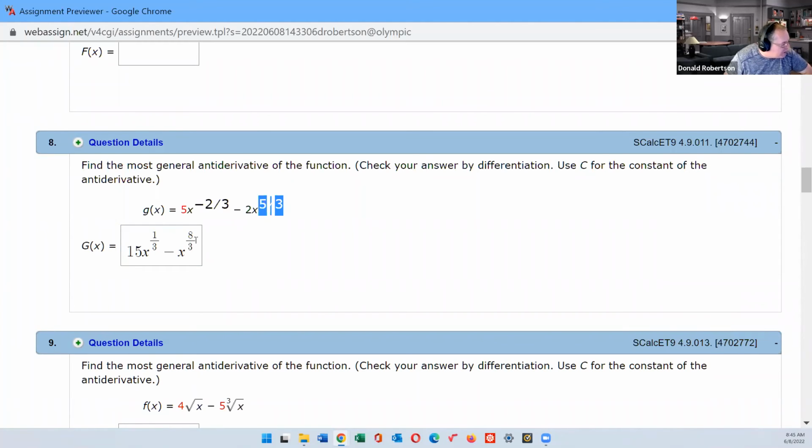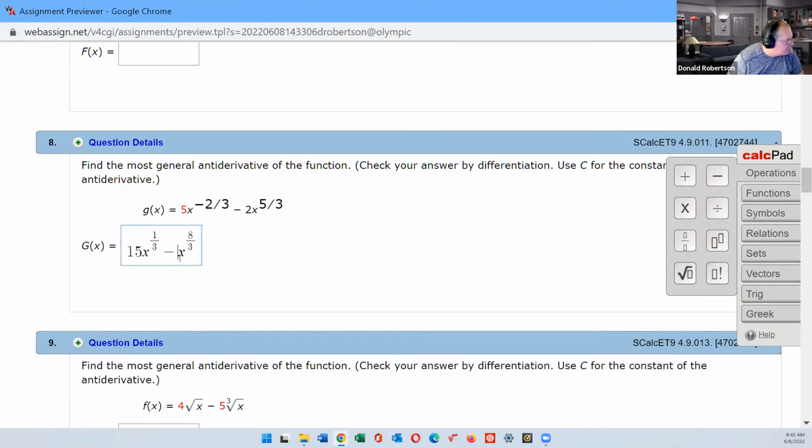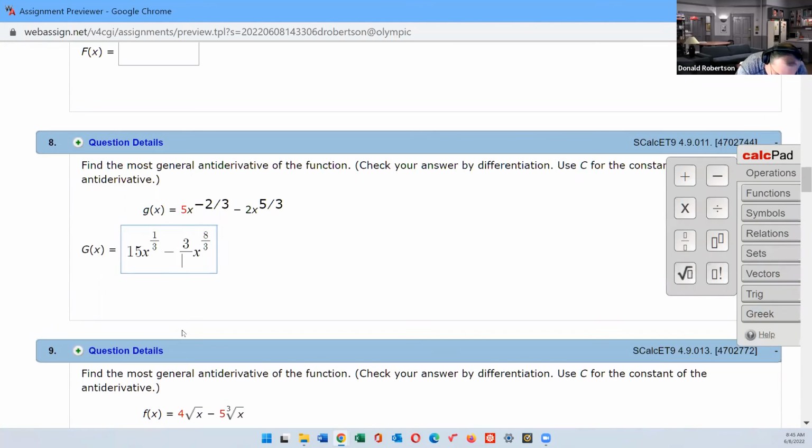I'm now going to divide this guy here by 8/3, which means I'm going to multiply it by 3/8, which gets me 6/8, which gets me 3/4. And we're done.